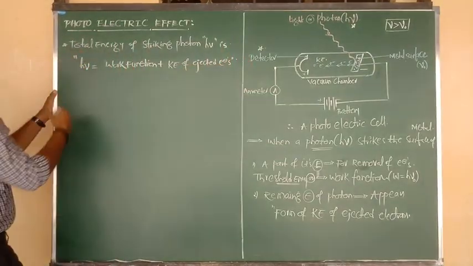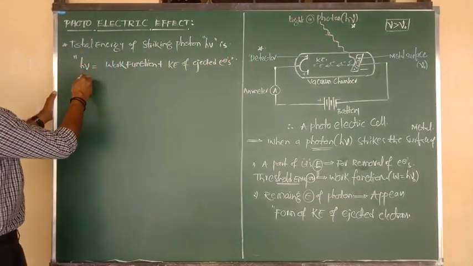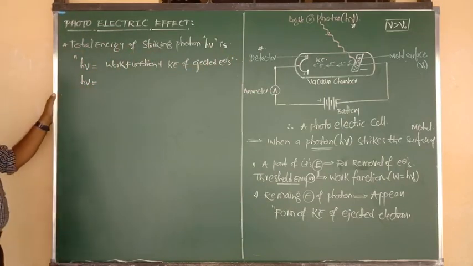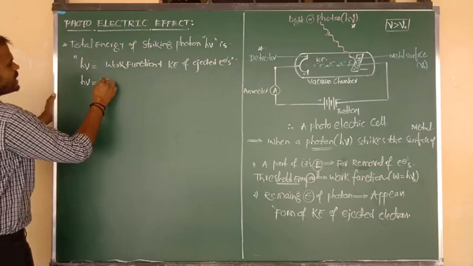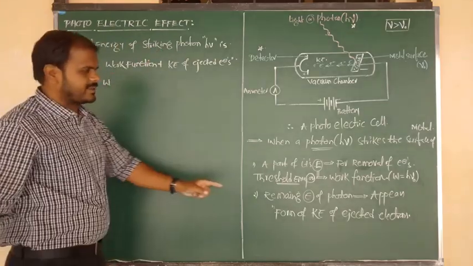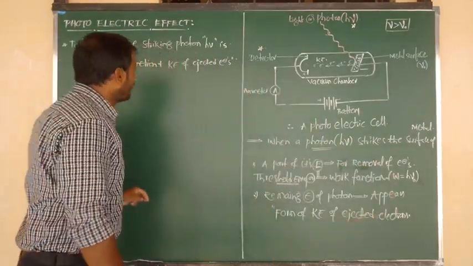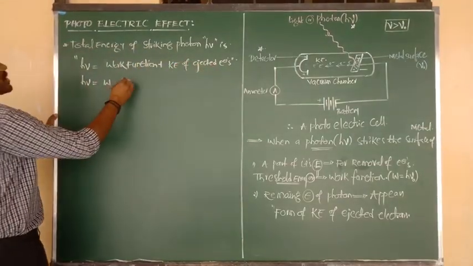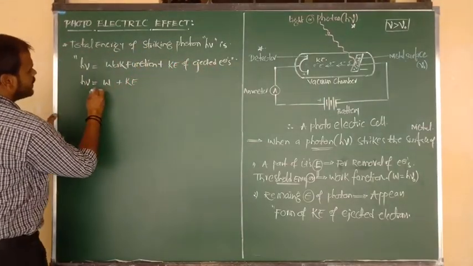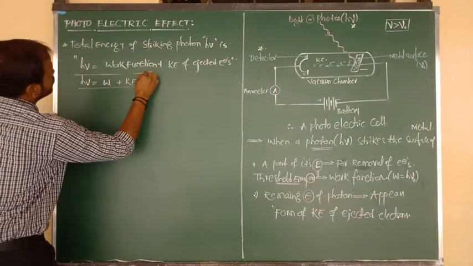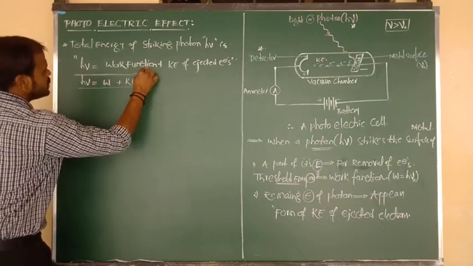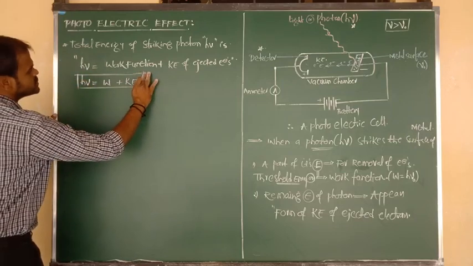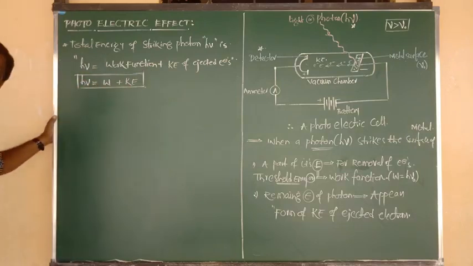This is the main formula. So when we simplify this statement, total energy of the photon hν is equal to work function, the symbol of work function is W, plus kinetic energy of the releasing electron, that is KE. So hν is equal to, what is the formula? hν is equal to W plus KE.